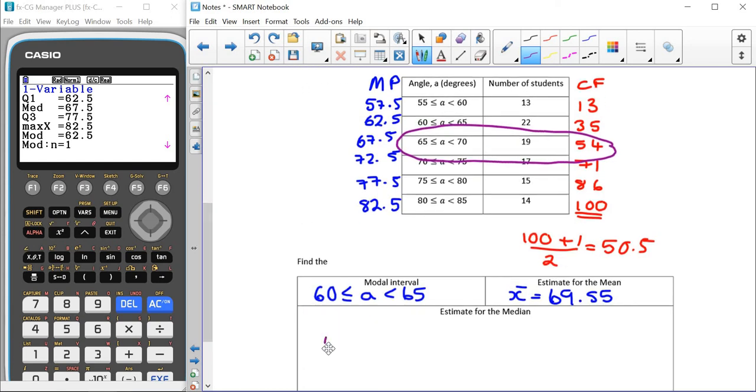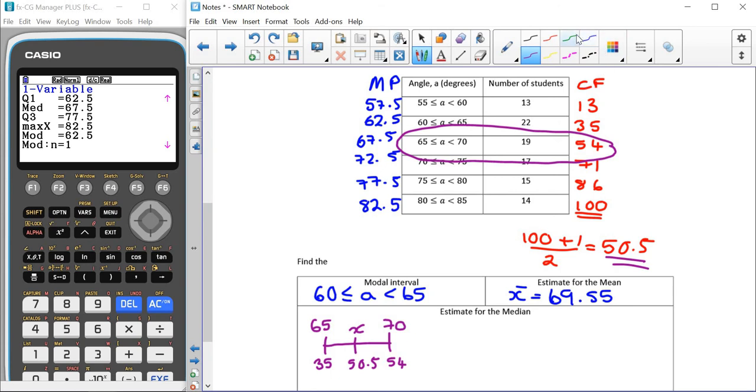So we're going to have to draw our line. The interval starts at 65, it ends at 70, and somewhere in there is my median value. For how many pieces of data we have, 35 at the beginning of the interval, we have 54 by the end of the interval, and my median piece of data is 50.5, so that goes in the middle there.